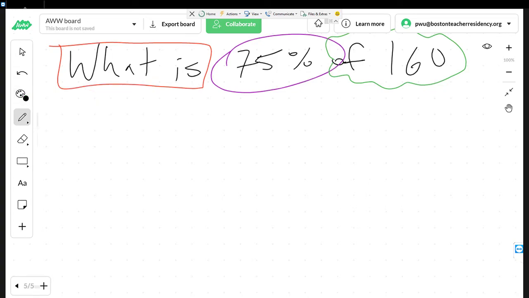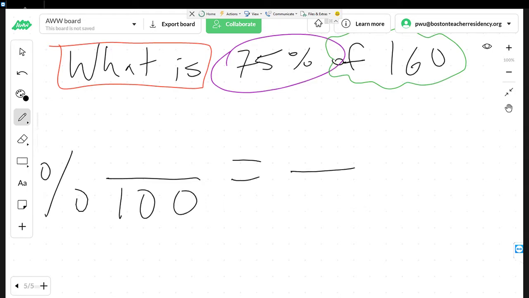Set up our equivalent fractions. Left one's out of 100, which means percent. And we have is over of. So this is our part. This is our whole.